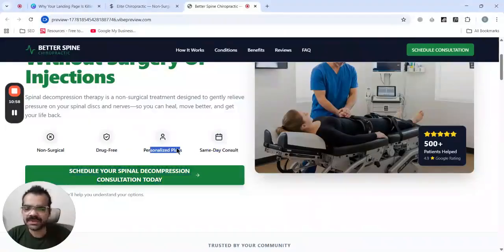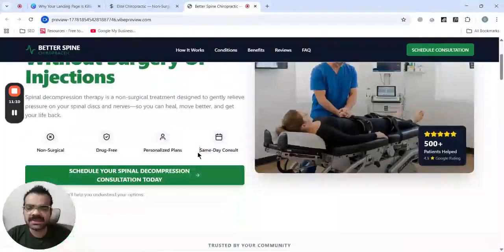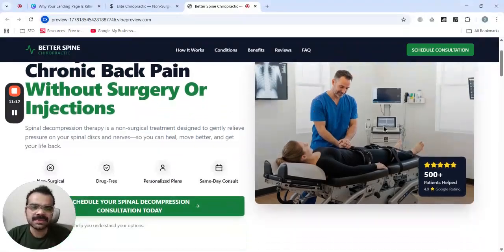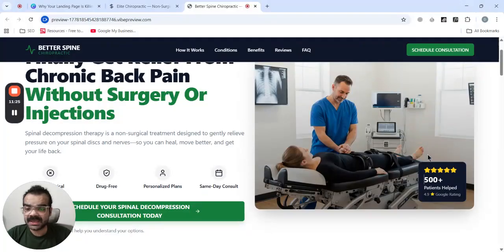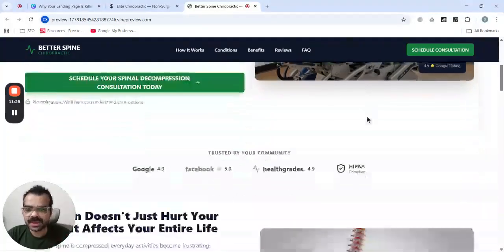Both of these elements are not really relatable to the back pain person. However, it does tell us that the business operations are really effective because same day consults are happening. And in the same section, you can see 500 plus patients helped, Google rating, and 5 stars. So it really tells me that, hey, these people know what they are talking about, right?